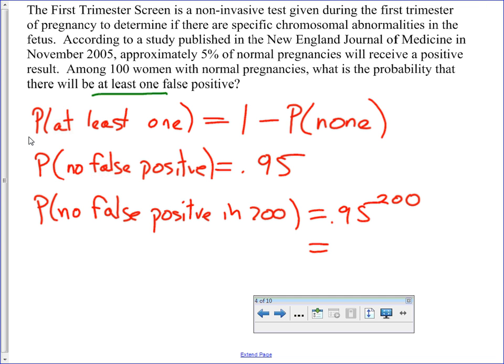If you do that in your calculator, you get 0.00035.